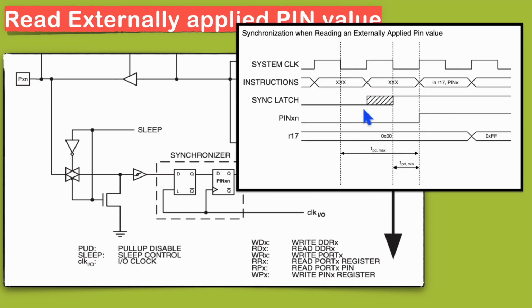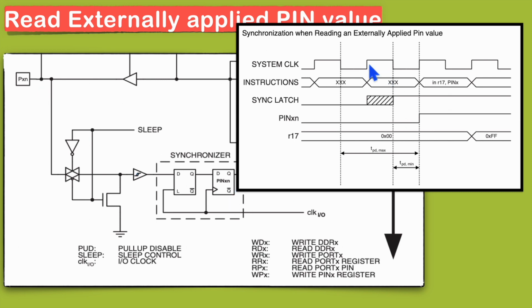Here you can see, suppose your pin changed here or here, and since this latch is connected to the clock, you can see this is connected to this clock. So as long as it is in the low state, irrespective of whether the pin status has changed, it will not be taken by this latch. This synchronizer latch will not take the changed pin status.